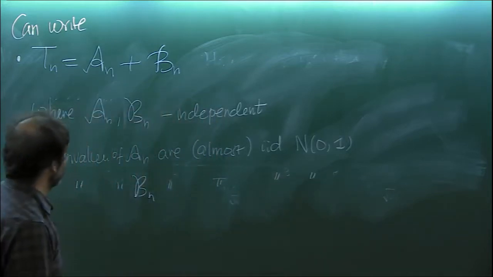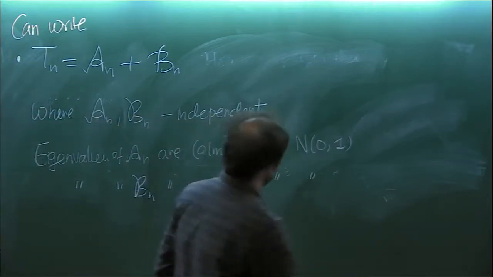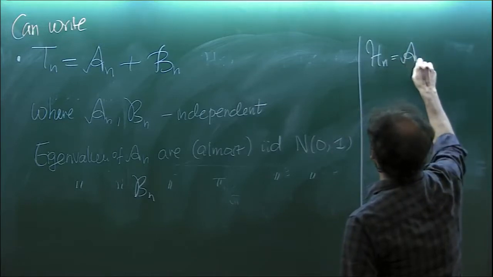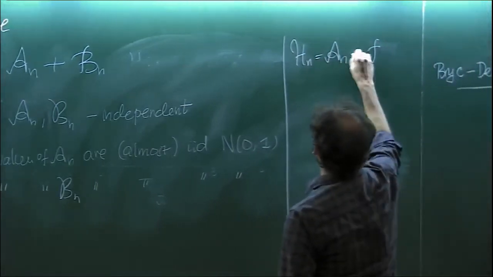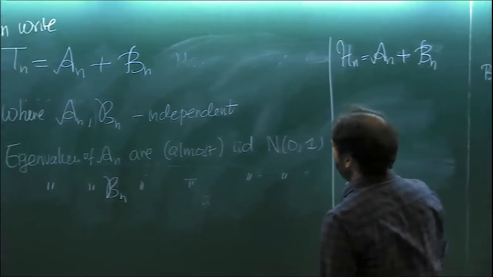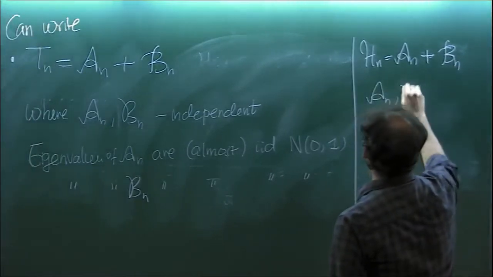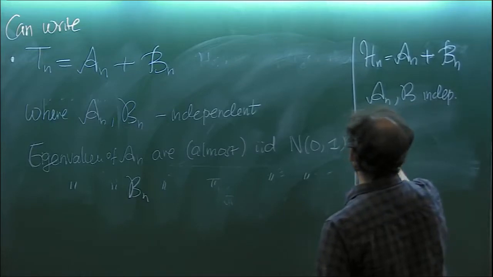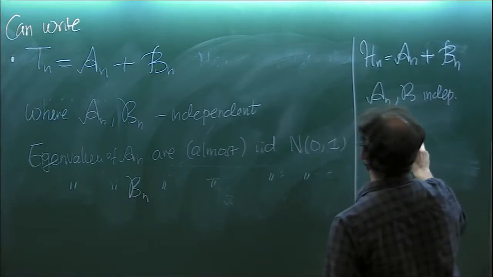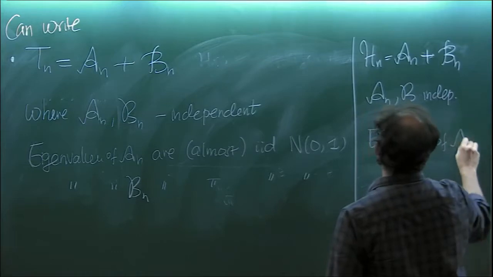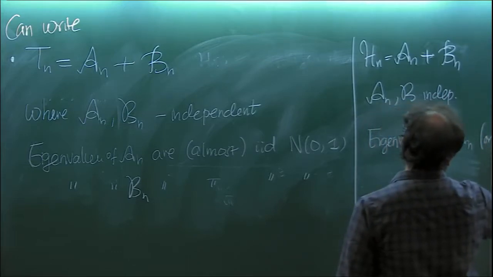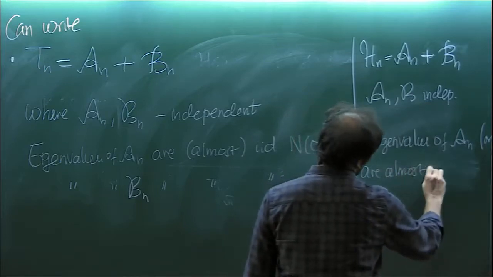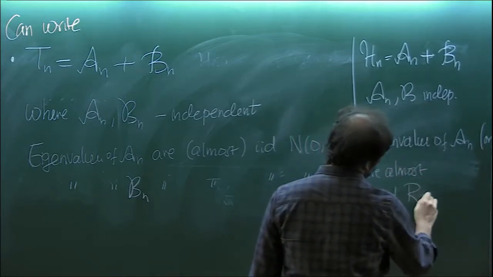Okay. So, and a similar thing is true for the Hankel case. In Hankel case also we can write it as a sum of two matrices. And again An and Bn are independent. What is different is that the eigenvalues of An or Bn are not normal, are almost IID with Rayleigh distribution.